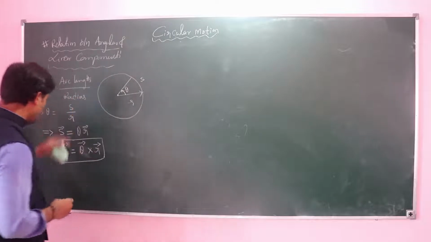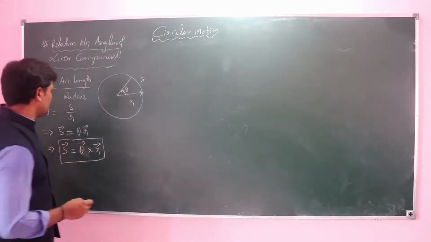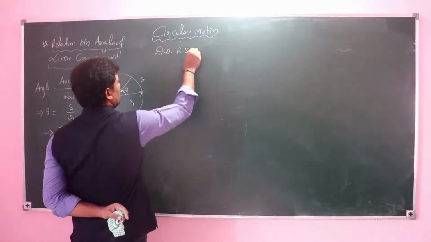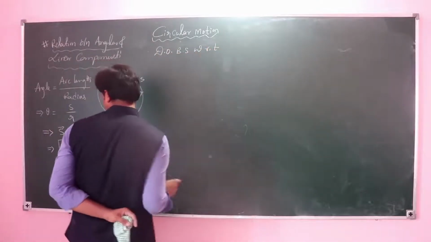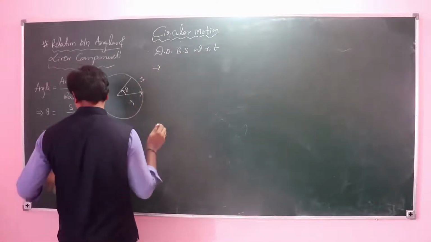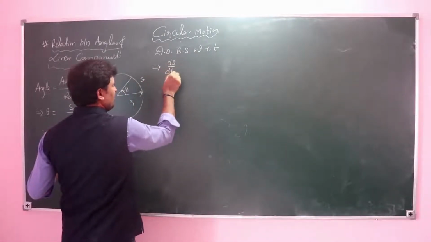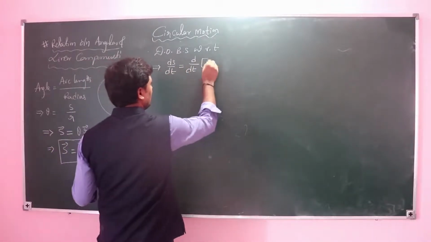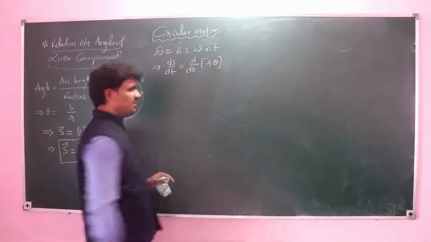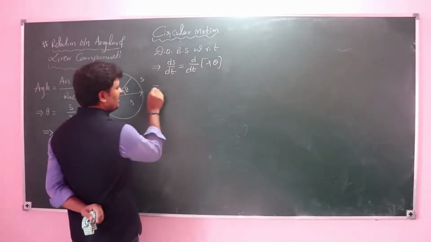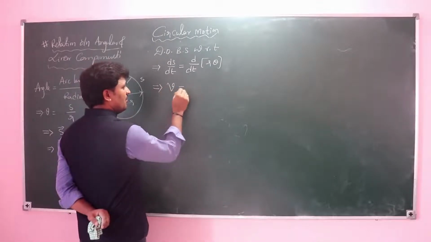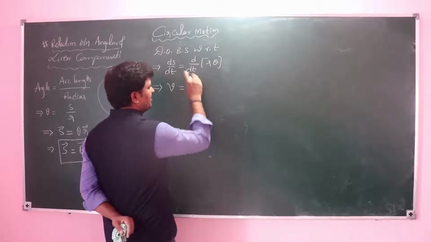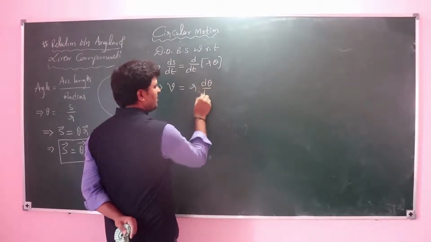Next, differentiate this equation with respect to time on both sides. Then ds by dt is equal to d by dt of r theta. ds by dt, the rate of change of displacement, is velocity, and r, the radius, we keep constant, so we take d theta by dt.